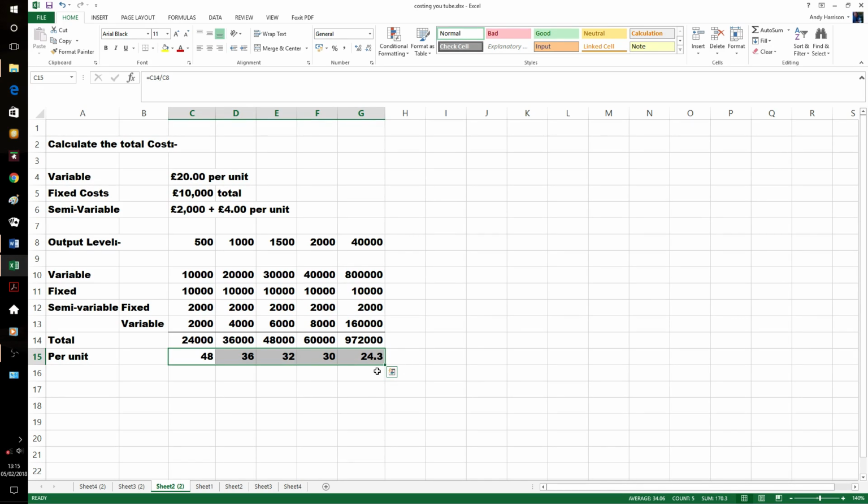This one's gone down to £24.30. It will never go below £24 because it can't go below the variable cost of 20 and that part of the semi-variable, the 40. So it gets closer and closer to £24, but never hits it and never goes below it.